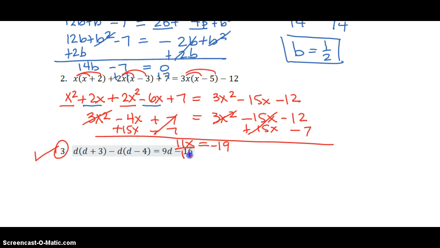So when we divide by 11, x is going to be negative 19/11, and you can leave it as an improper fraction. Those are just fine. So work this last problem on your own, and be very careful to pay attention to all details of your signs, and don't forget to add your exponents when you're multiplying your variables.